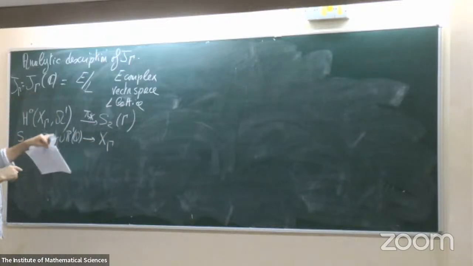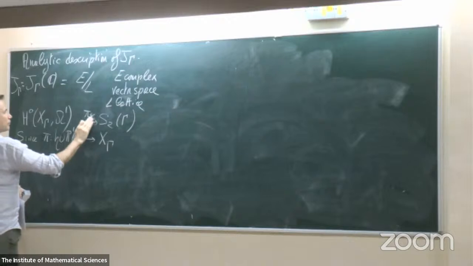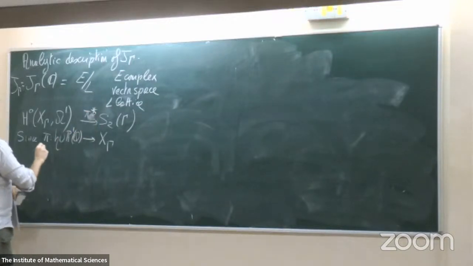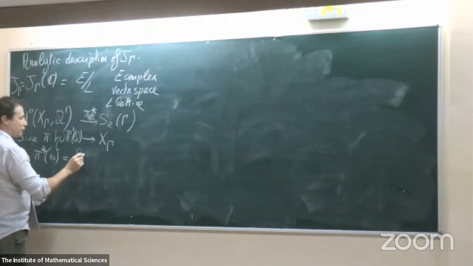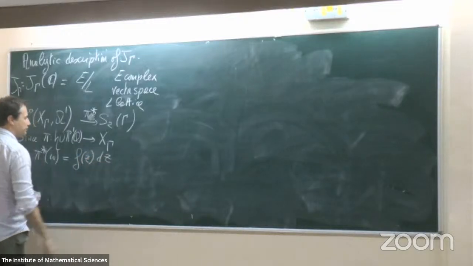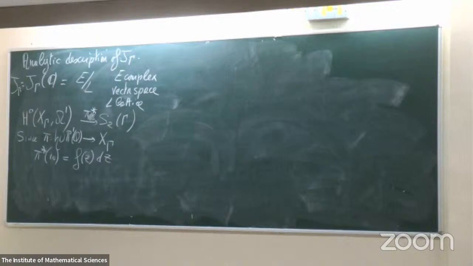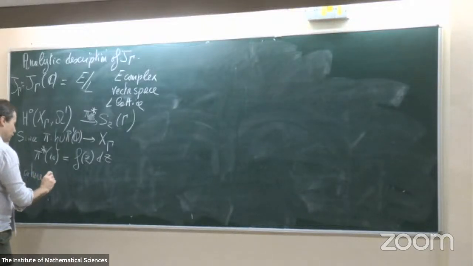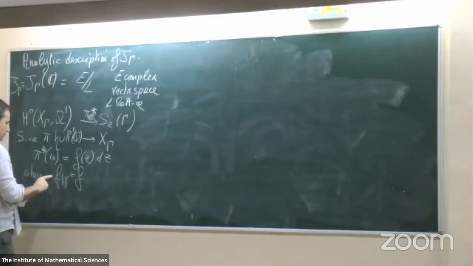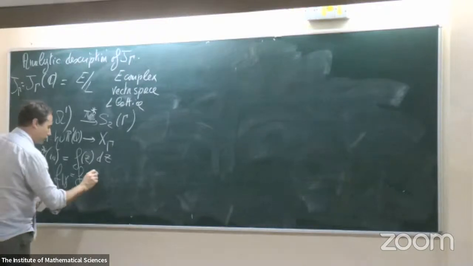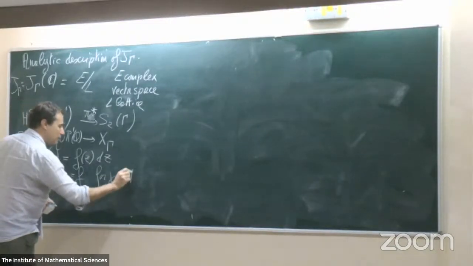Modular forms in the following sense: phi star of omega can be written as a differential form on the upper half plane, let's call it f(z) dz, where f slash gamma is equal to f for gamma in the group Gamma.